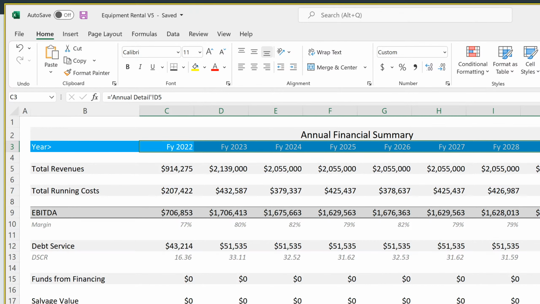So this is just taking the cash flow. So really what we can do is measure this net change in cash to this, our monthly detail, and see what's the difference.